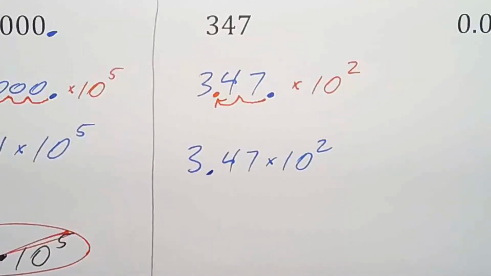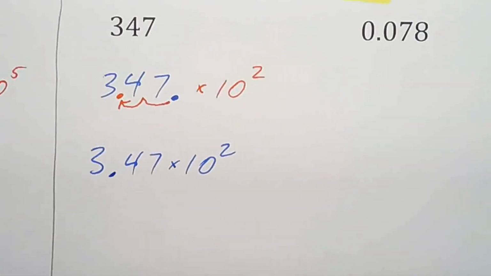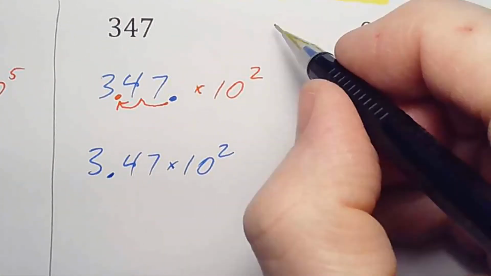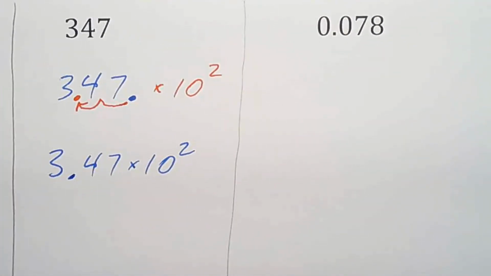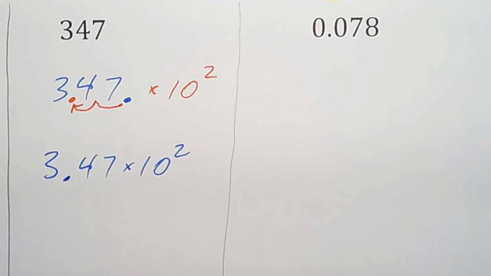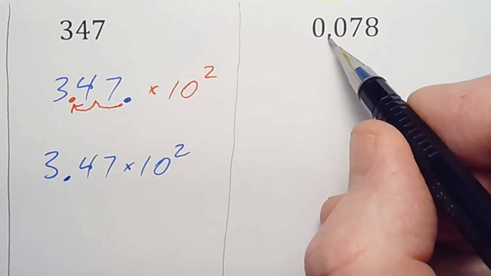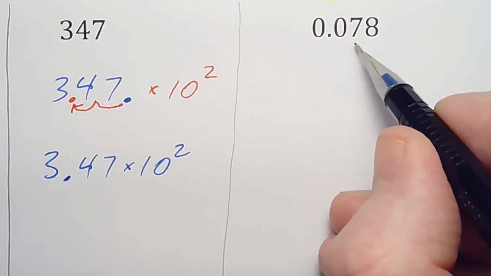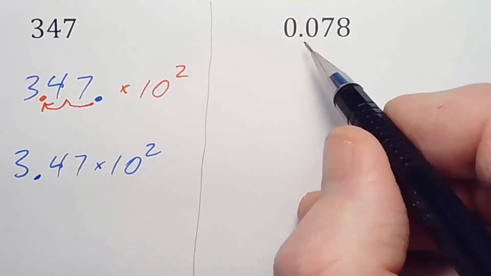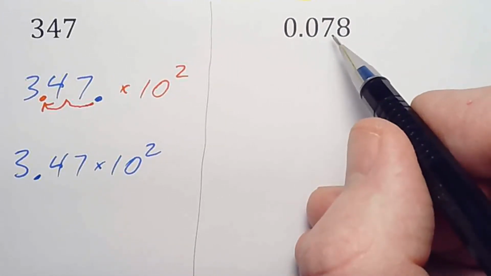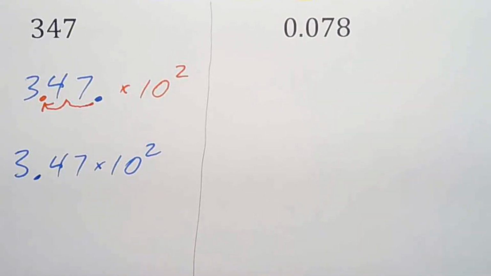Okay, there we go. All right, finally, what happens when it's a number smaller than 1, right? We've got a number smaller than 1 this time. So this time I want to bring my decimal point the other direction, don't I? Right? I don't really want it to be over here. I want 7 to be the leading digit, not a bunch of zeros.